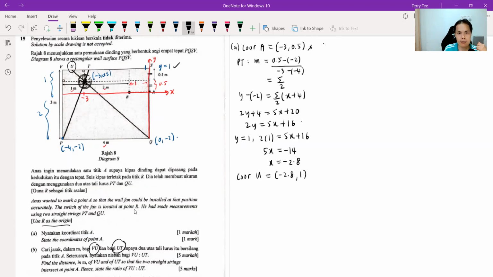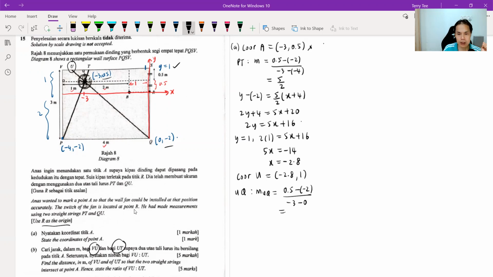Okay, now let's move on to the equation of UQ. All right, this was PT. For UQ, let's find the gradient. Remember, it passes through A and Q. So let's do y2 minus y1 over x2 minus x1.